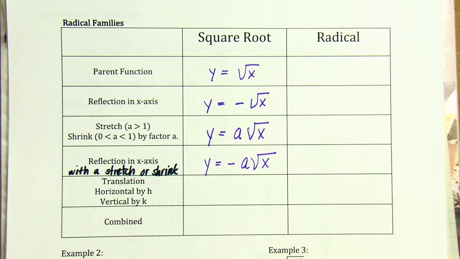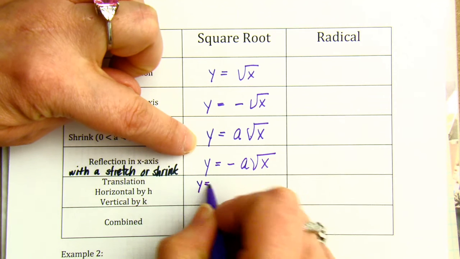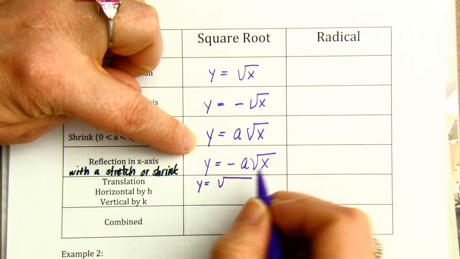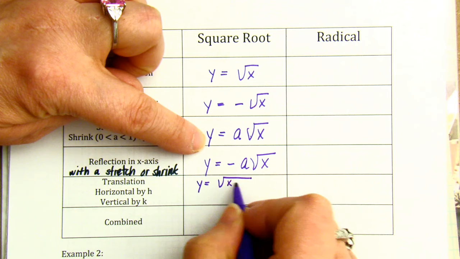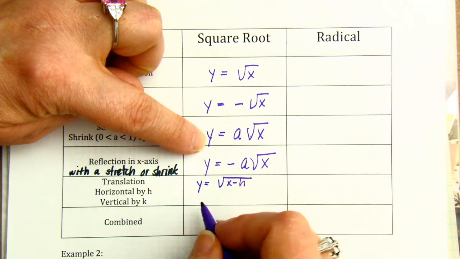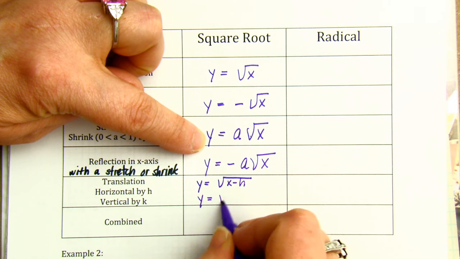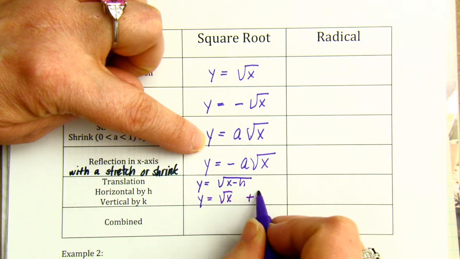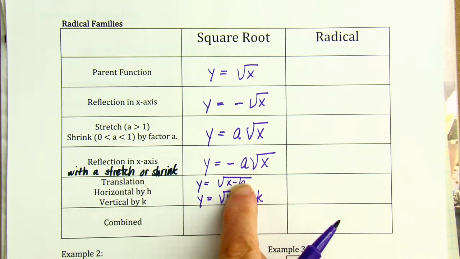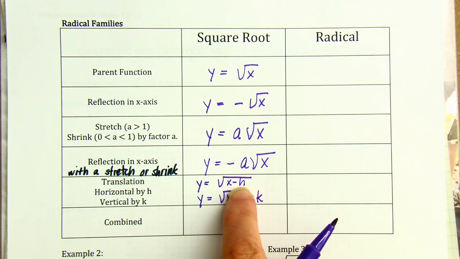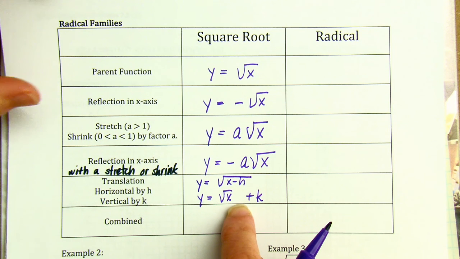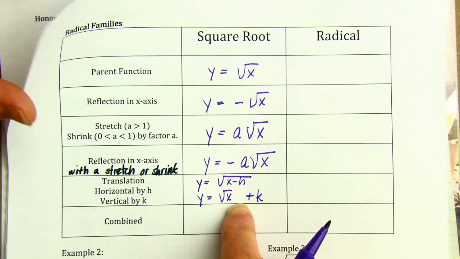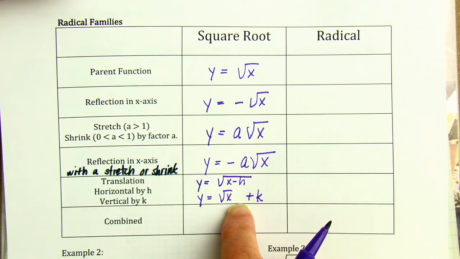Translation, horizontal by h, vertical by k. Y equals the square root of x minus h, or y equals the square root of x plus k. When it's grouped inside with x, you move on x, left and right. That's your horizontal shifting. Your vertical is up, down. If it's not inside there with x, we mean to move it up or down on the y-axis in the direction opposite the sign.